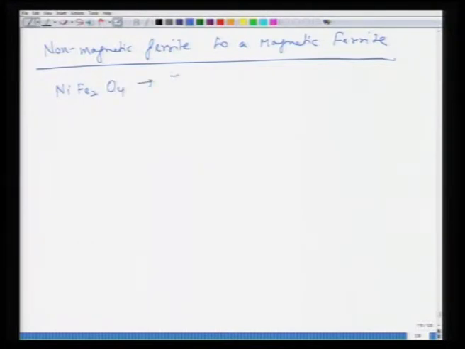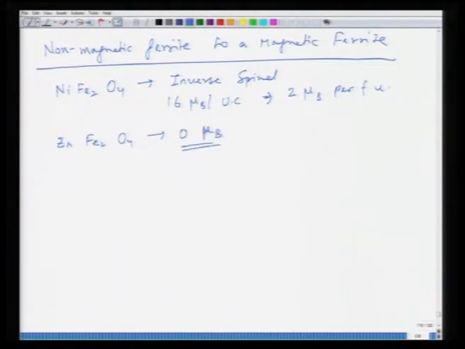NiFe2O4 is the inverse spinel, whose magnetic moment you can calculate, and this is 16 mu B per unit cell, or you can say that in one unit cell you have 8 formula units, so 2 mu B per formula unit. Then we talk about zinc ferrite ZnFe2O4, which has 0 magnetic moment, 0 mu B, and this is again inverse structure.